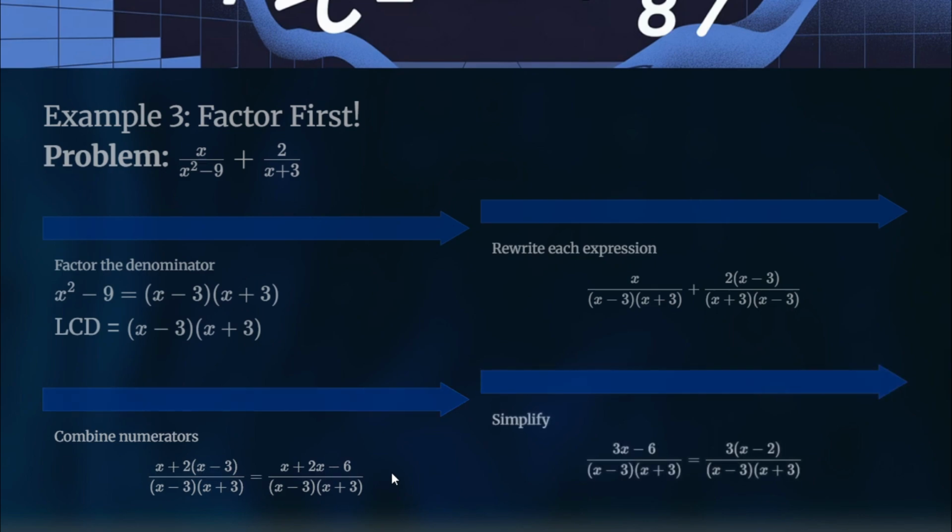So simplifying, we can combine the like terms. X plus 2x is 3x. So we have 3x minus 6 over x minus 3 times x plus 3. And we can furthermore simplify because we can factor out a 3 out of our numerator. So this becomes 3 times, open parenthesis, x minus 2, close parenthesis, over our common denominator of x minus 3 times x plus 3.